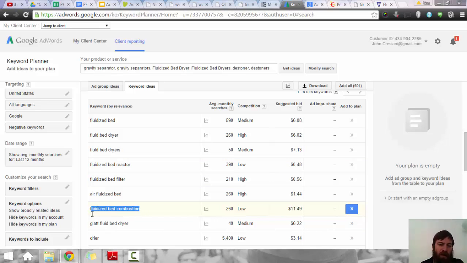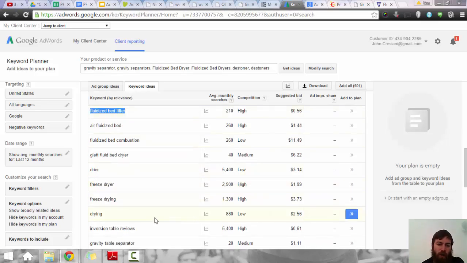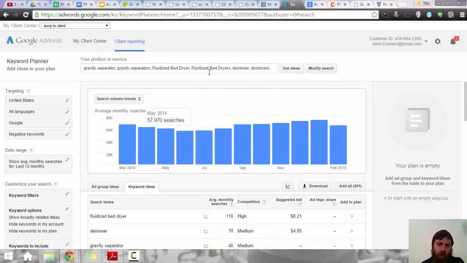So this may be a research term, but remember, we're just going after products here. For fluidized bed filter, maybe these bed dryers need new filters all the time, but maybe that's only a $100 product when you really care about selling the $200,000 products. You want to focus on where the money is.